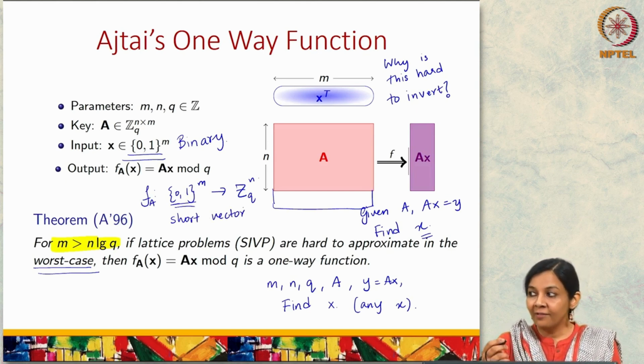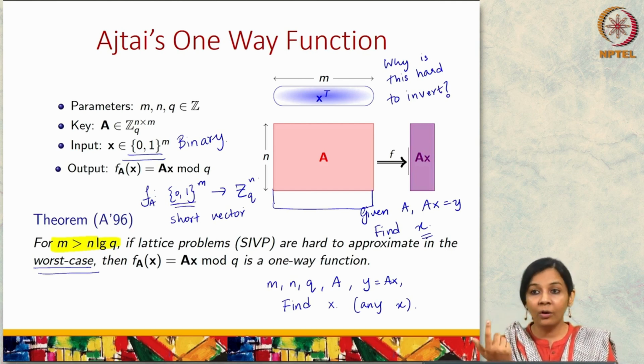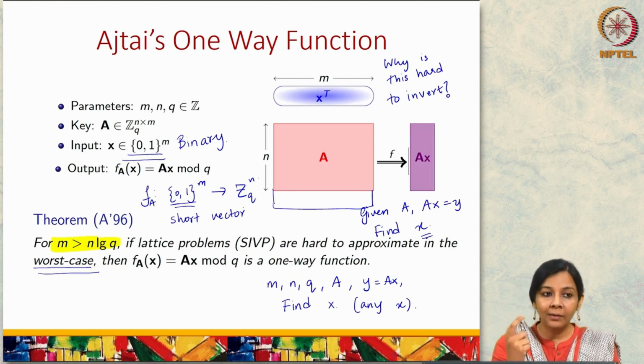So what I am asking for is actually a short vector in a lattice. Satisfying this relation basically just means that I have to be in this lattice, and finding a binary vector means that it has to be a short vector. So this is a question of finding a short vector in a given lattice, and that is why it will be hard. So this is the first one-way function.